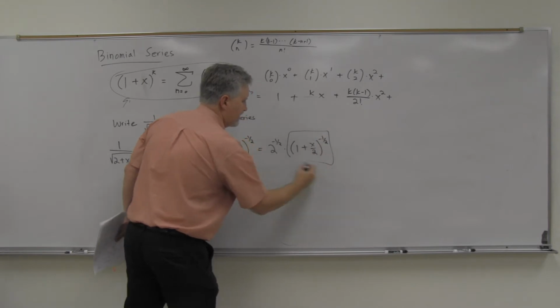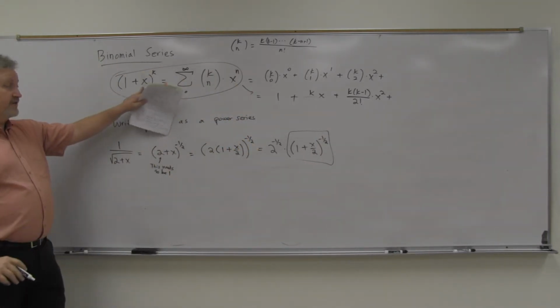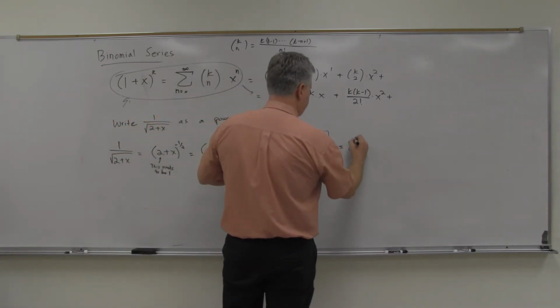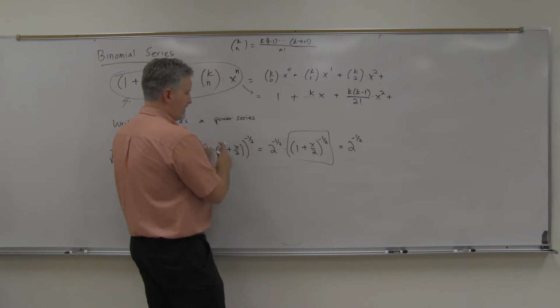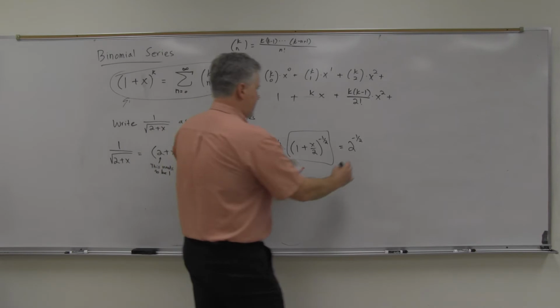Now, this is our binomial series format. We've got the 1. We can handle an x not quite matching up. We've done that before. So this binomial series would be this 2 to the negative 1/2. I just split up this 2 to the negative 1/2 and that to the negative 1/2. That's all I did there. So that'd be 2 to the negative 1/2.